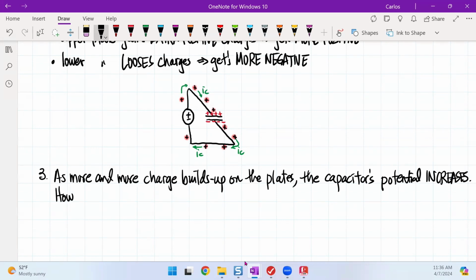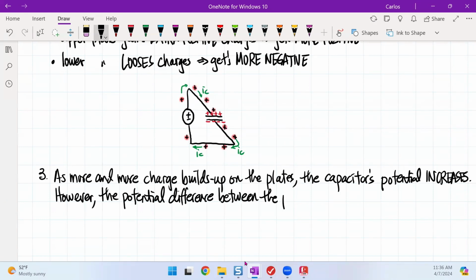However, the potential difference between the power supply and capacitor is now decreasing.